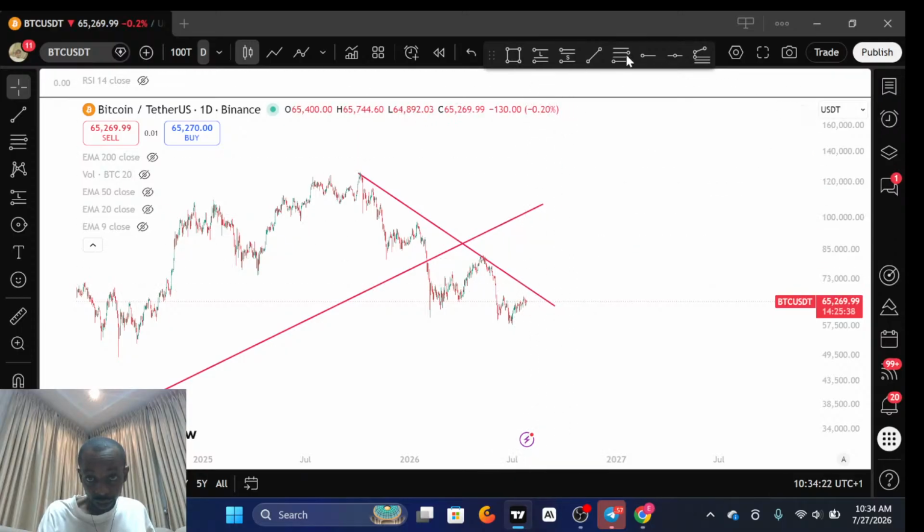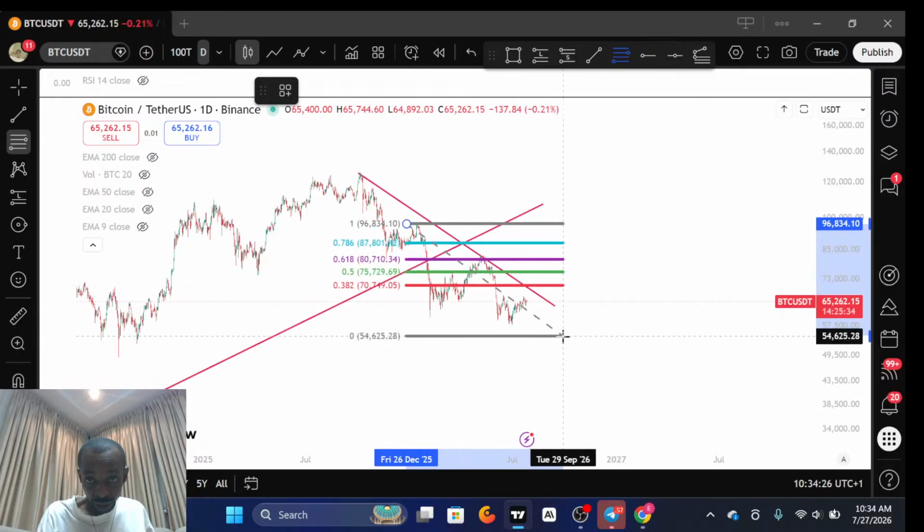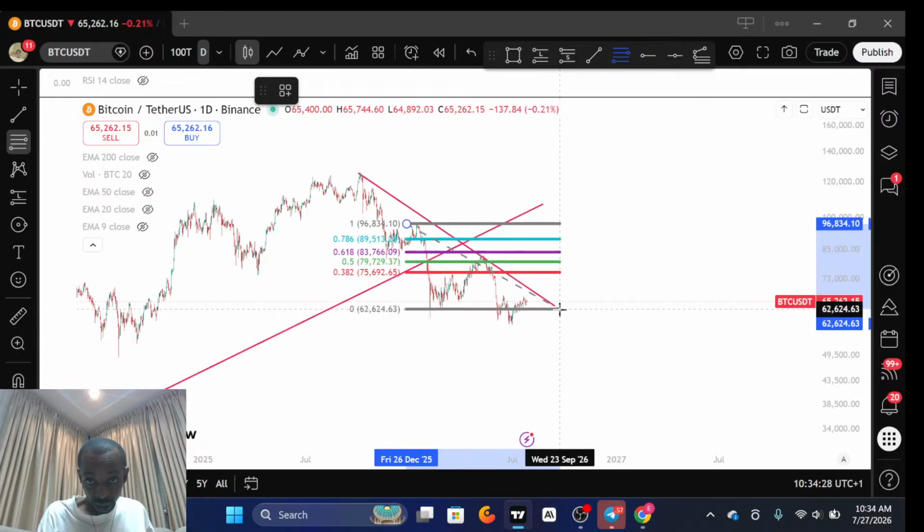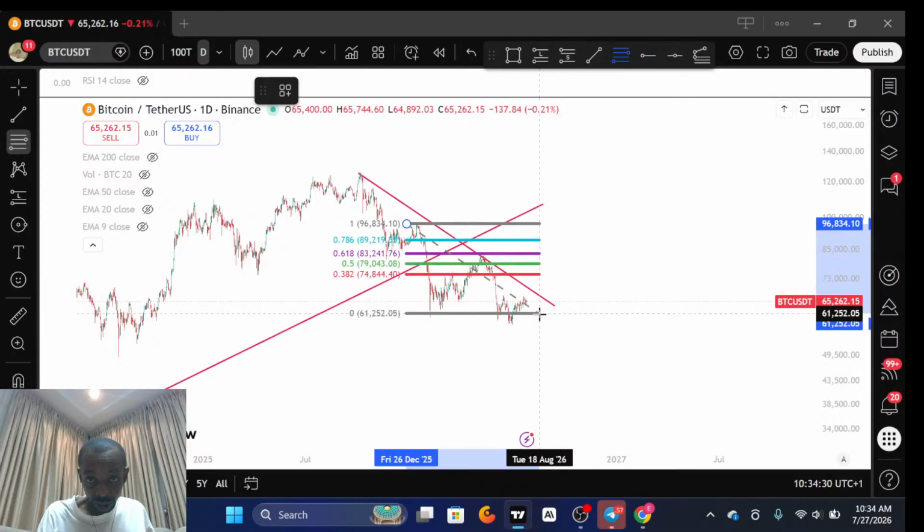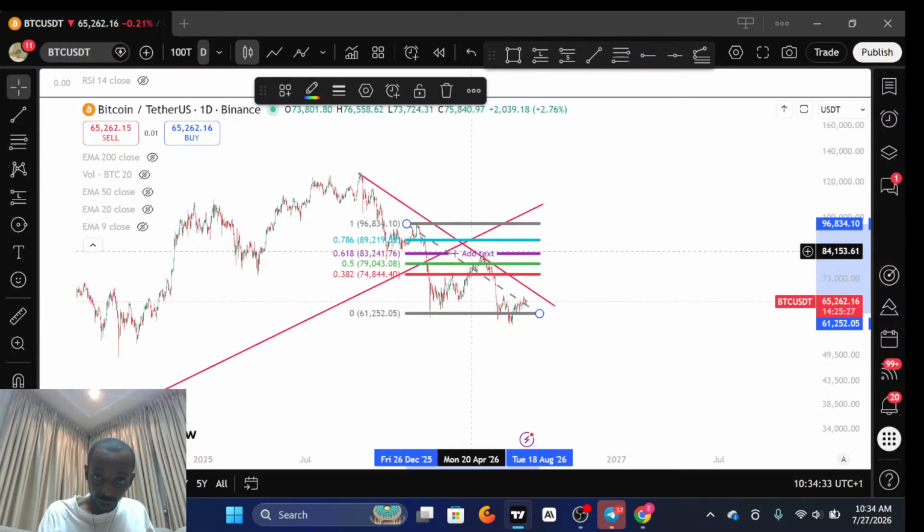Daily time frame, what is happening now is that the market, let's use a Fibonacci retracement. The market retraced back to this point, then came down and broke the structure a little.